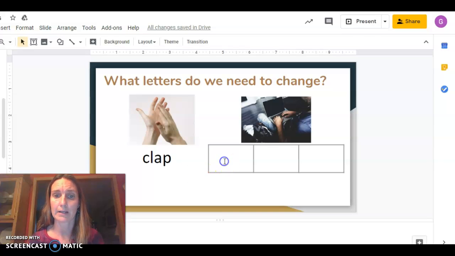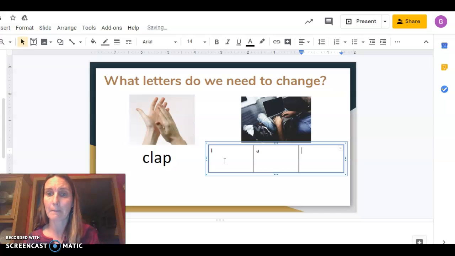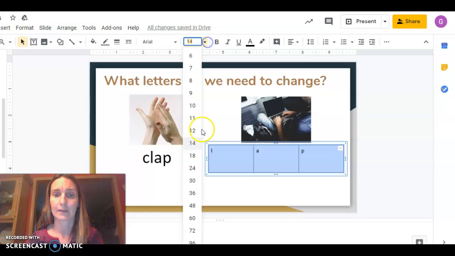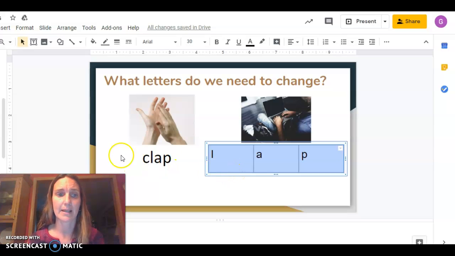We said goodbye to the letter C, and then we have the letter L, A, and P to make the word lap. Clap turns into lap by saying goodbye to the letter C and keeping the L at the beginning.